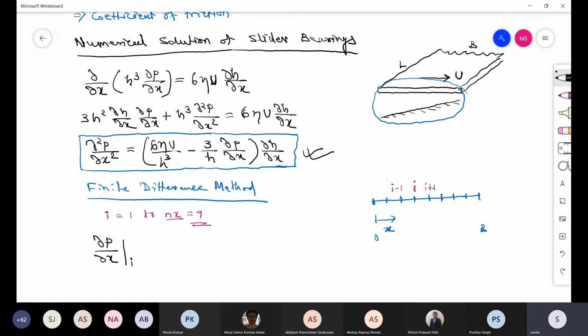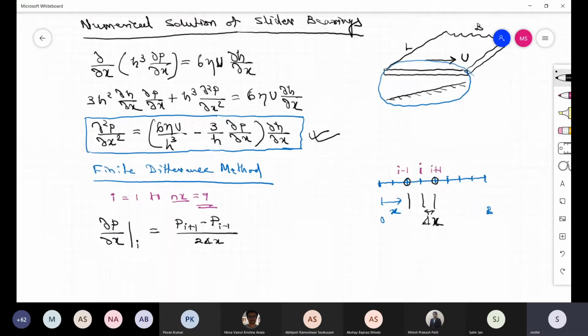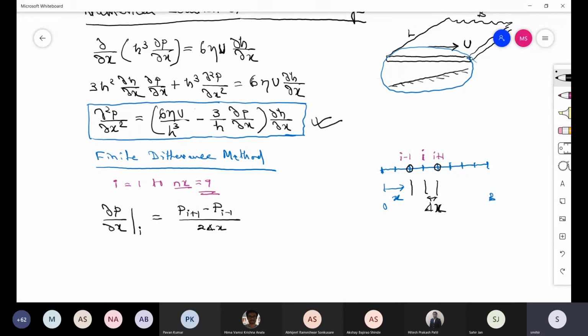You can write that p I plus 1, we are going for central difference method, p I minus 1 divided by 2 delta x. This difference here is delta x.